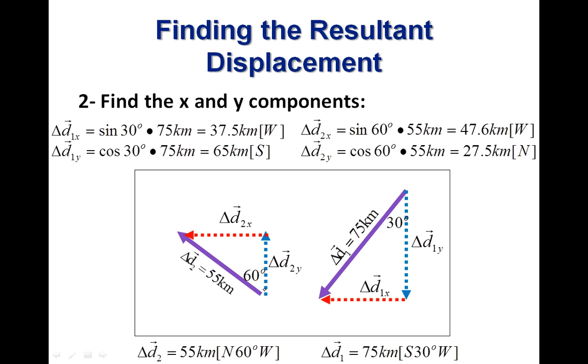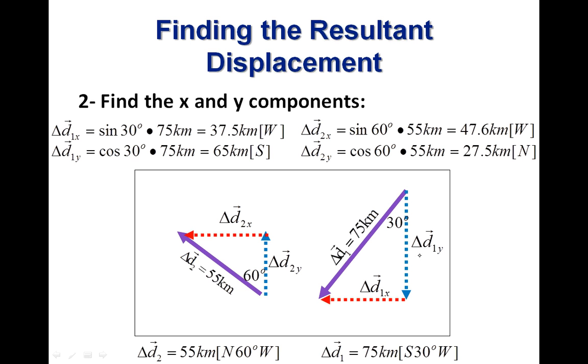So for example, for vector 1, to get d1x, d1x is opposite to the angle. I know my hypotenuse, so I can take sine 30 times 75 kilometers to get my x component. And I end up with 37.5. So I figured out how far west we've gone here, so the west component.